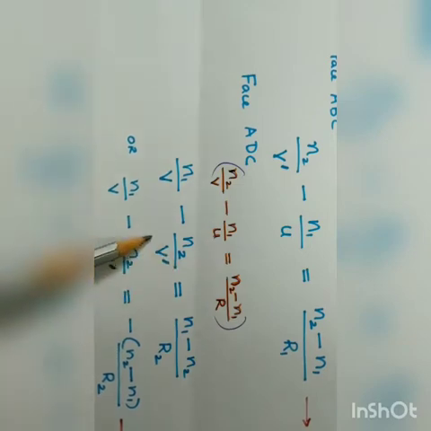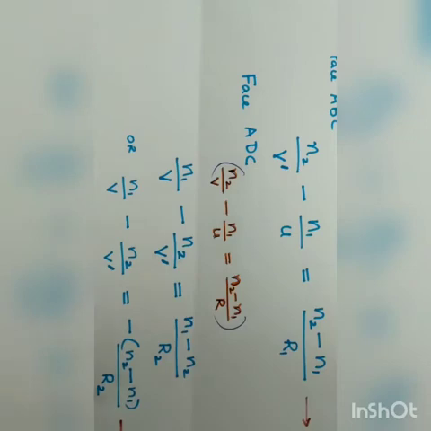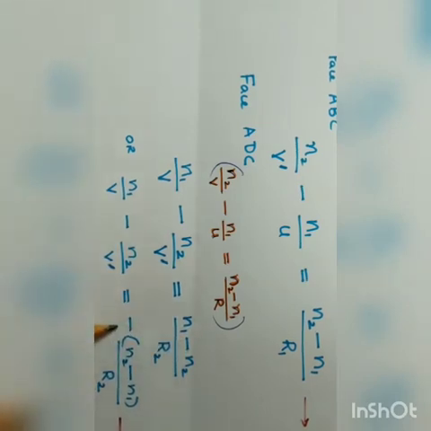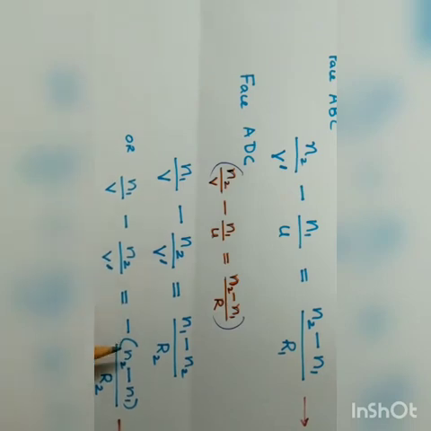So, instead of U, I am going to put V dash. And here it becomes N1 minus N2. So I am going to rewrite N1 minus N2 by taking the minus outside, and it becomes minus of N2 minus N1. Let us call this equation number 2.